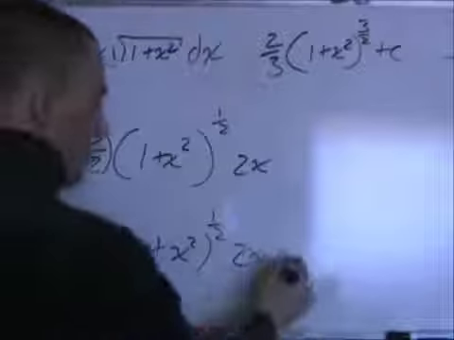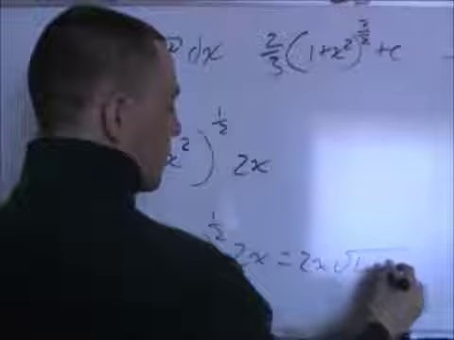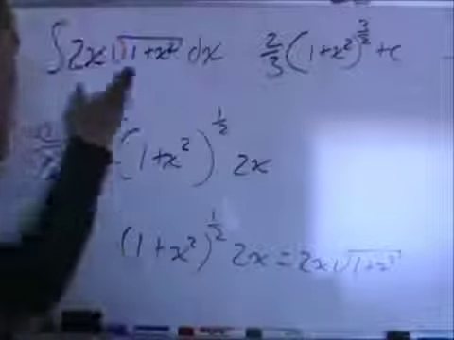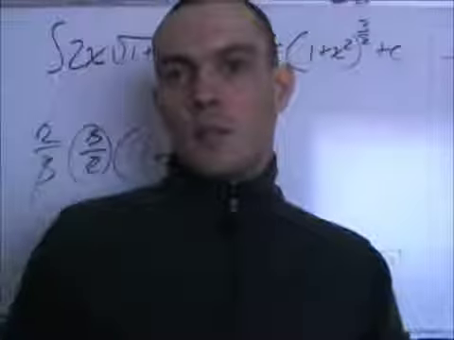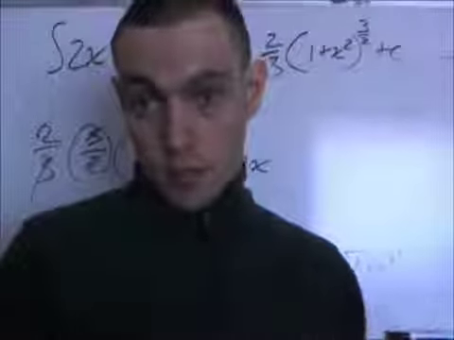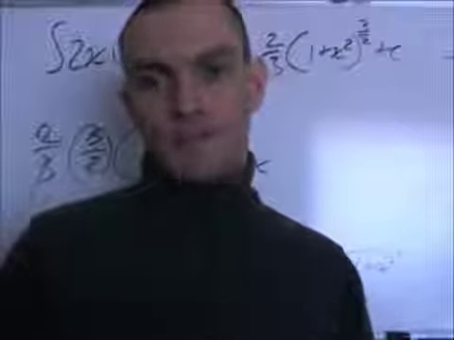Another way to write that is going to be 2x square root 1 plus x squared. And that is indeed the integrand we started with, so we know that we have not gone colossally wrong in this system that I'm proposing to you. I hope you find this useful. Have a great day.